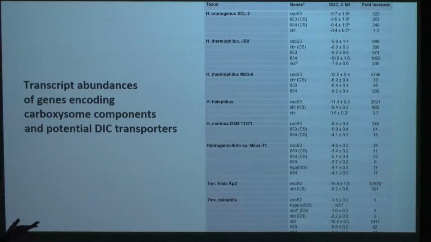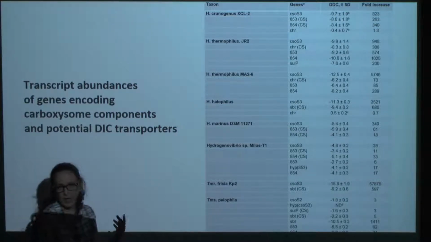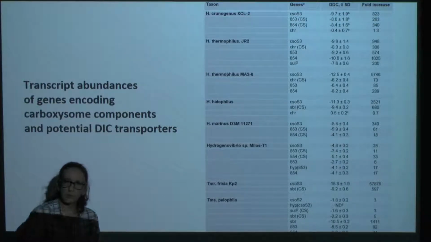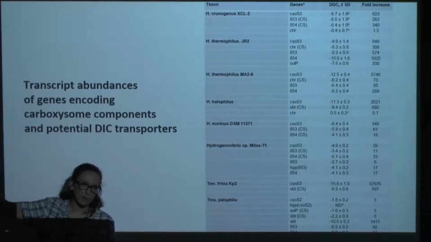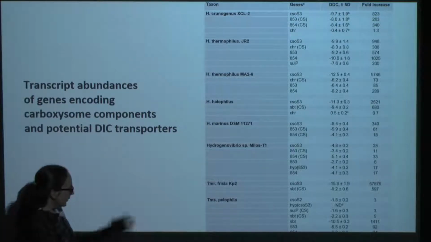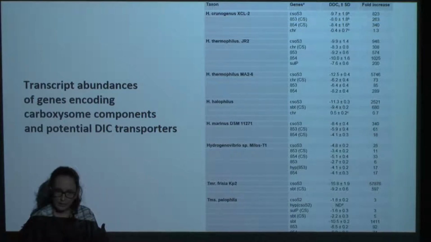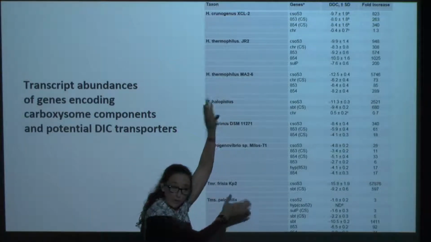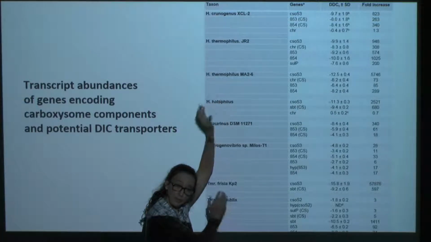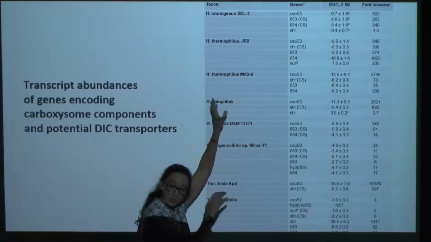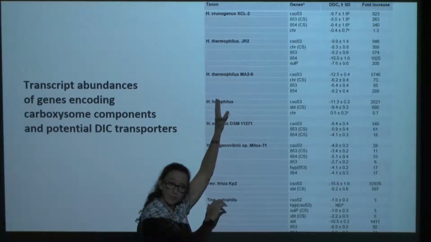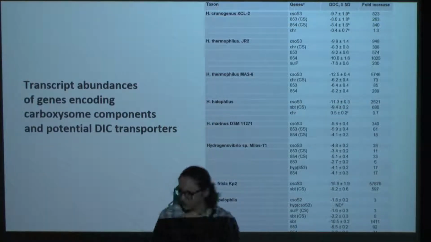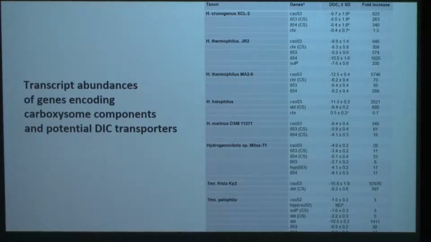You'd anticipate, if it's part of a carbon concentrating mechanism, that the transcript levels are going to be way higher when the cells are cultivated under low CO2 conditions. So I grew everybody in chemostats under low and high conditions, isolated their RNA, and did the appropriate qPCR, and I found that all these transporters, by and large, are lit up, the transcript abundance is higher under low DIC conditions. So, okay, another line of evidence that perhaps these might transport bicarbonate.